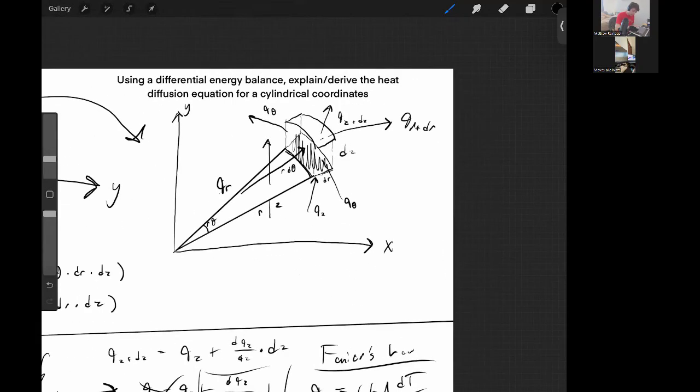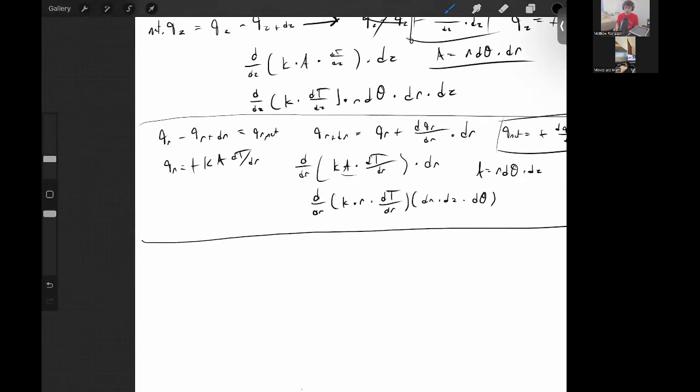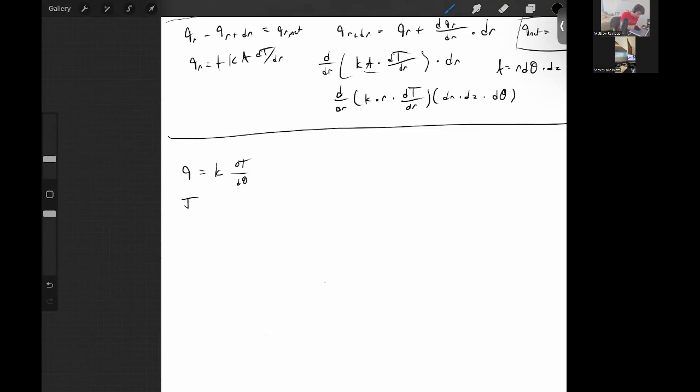So one thing I want to establish immediately is that when we use Fourier's law for change of theta, something a little strange happens. If I were to do, let's say, K times change of temperature over change of theta, and look at the units here, this is joules per meter Kelvin second.